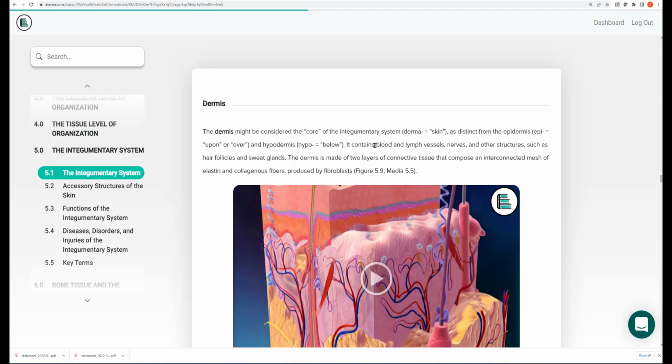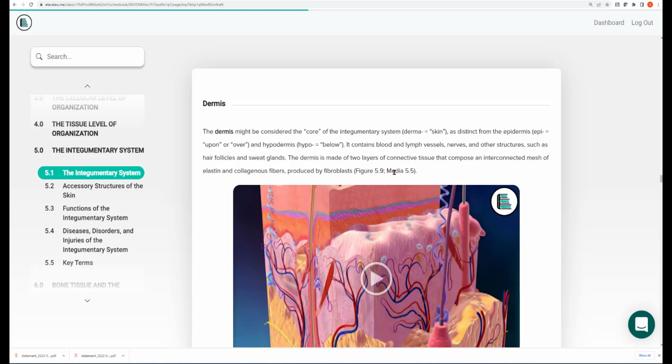Some of these things do permeate up, like the sweat glands and the hair, into the epidermis, but their base, the majority of their structure is down here in the dermis. And recall, the dermis is composed of dense, irregular connective tissue, and that irregular matrix of collagen is what is holding all of these structures into their proper place.